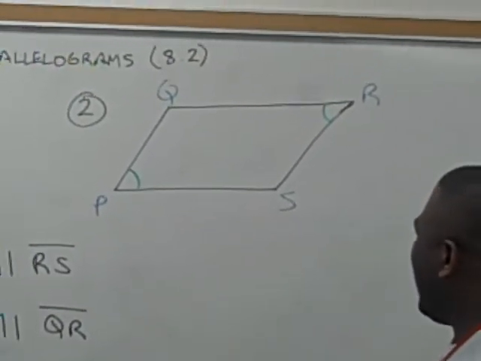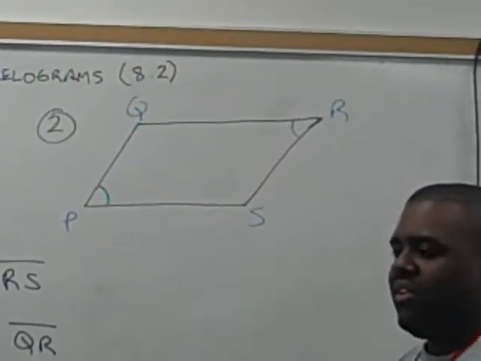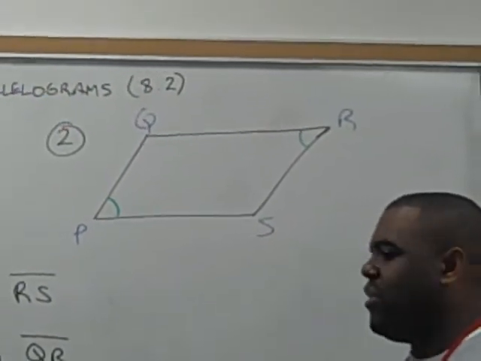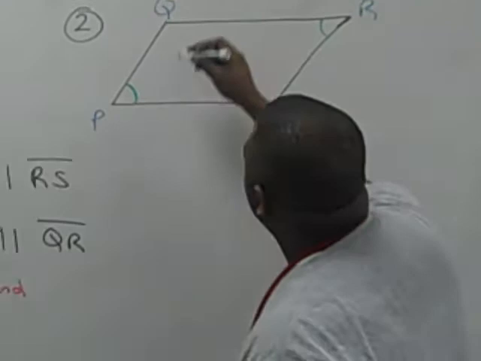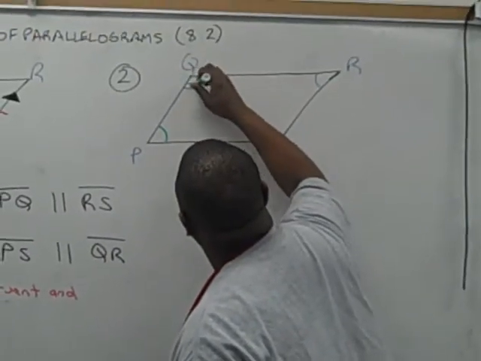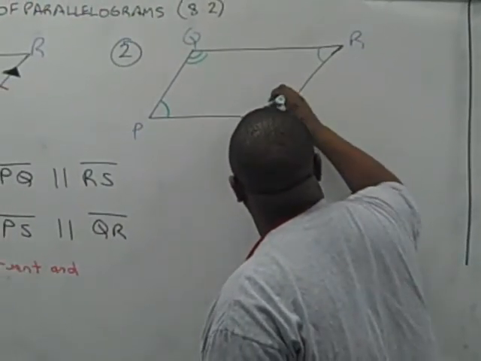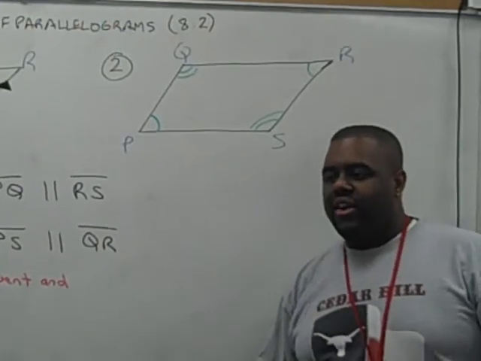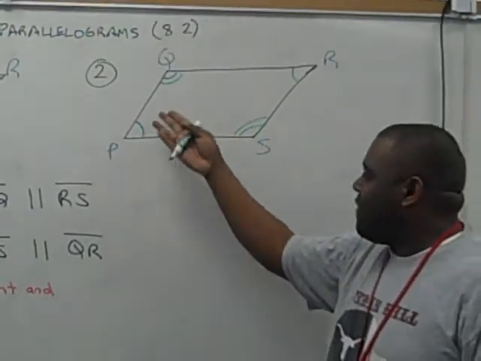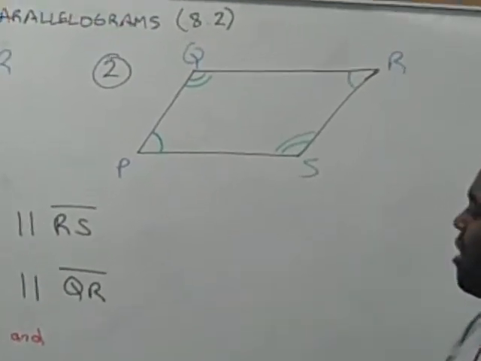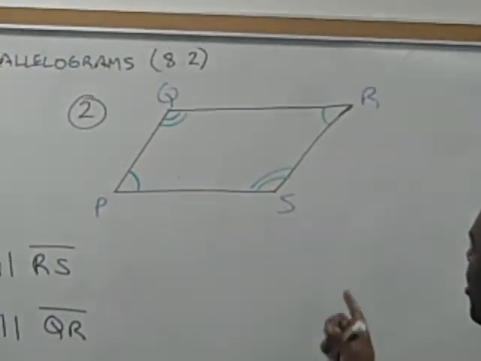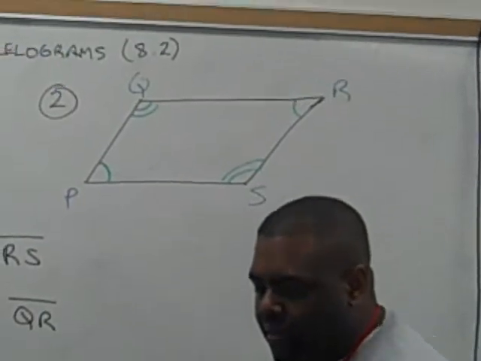All right? Now, if you think P and R are congruent, what do you think about the other ones? Yeah, you got it. Q and S are also congruent. Now, since we don't know that they're equal to P and R, that's why I went ahead and made two marks on both Q and S. So, here's what you have to remember.